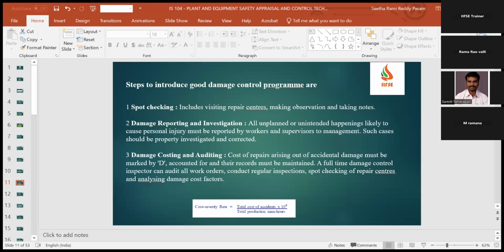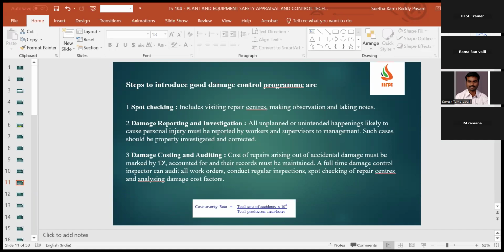It is simple: in case of any accident or incident, it has to be reported, then it has to be investigated and corrected. That's all.